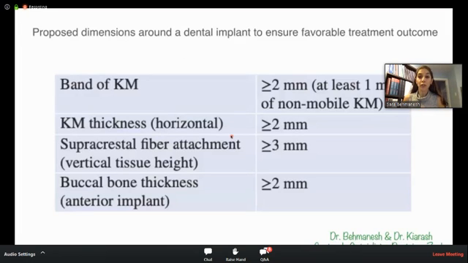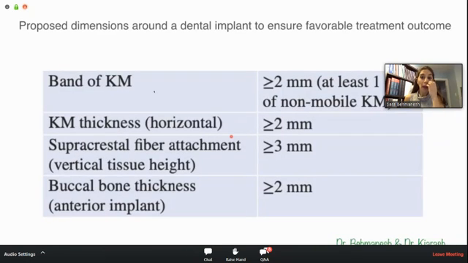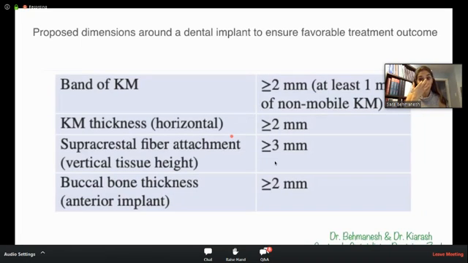Now, how much tissue? This is based on the current AAP classification and on the systematic reviews, to know how much tissue we want to have. First of all, we want 2 millimeters of keratinized mucosa, and at least 1 millimeter of it should be non-mobile, meaning attached. We're talking about the apicocoronal direction right now, not buccolingual.